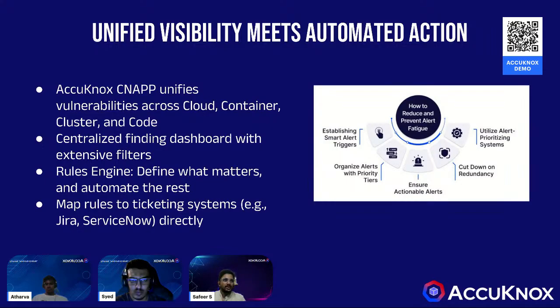Suppose there is a banking application, and in that application there can be a lot of services like account service, transaction service, or notification service. Here you see that notification service is non-essential. I don't need to prioritize any vulnerabilities in the notification service. I can effectively work on other priority items in the transaction service or account service, right?